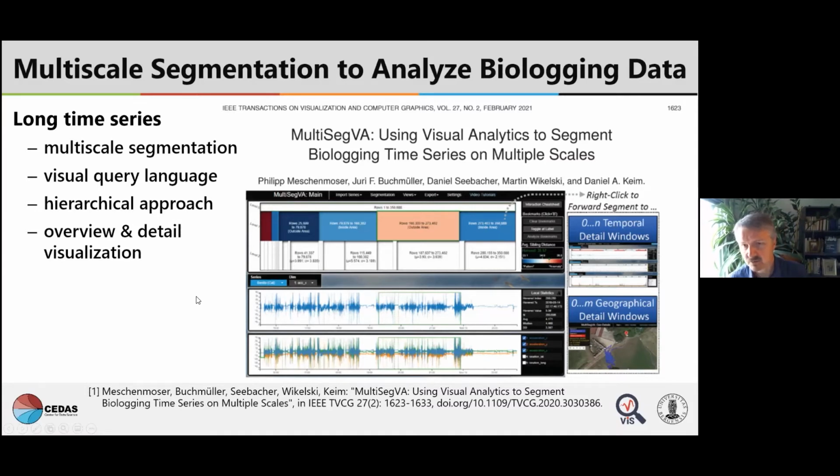And that leads then to a hierarchical approach to boil down from the largest scale to the smallest scales along time. And they also have data which comes with some spatial information along with it. For example, when you have trajectories, then you also have locations, and they provide additional views once they are on the right level of detail to show those.